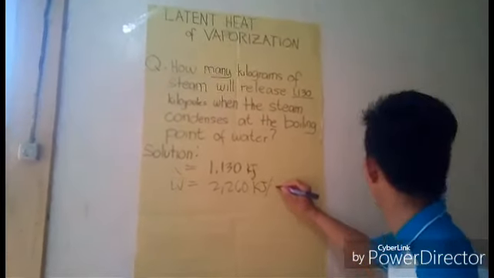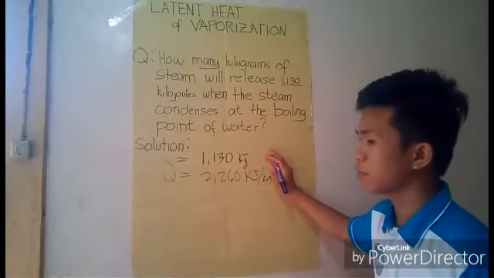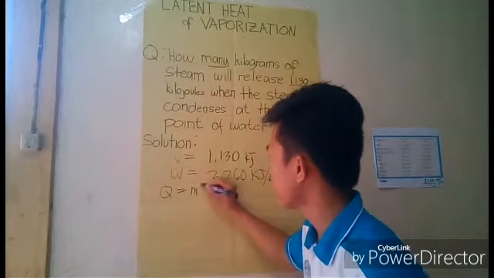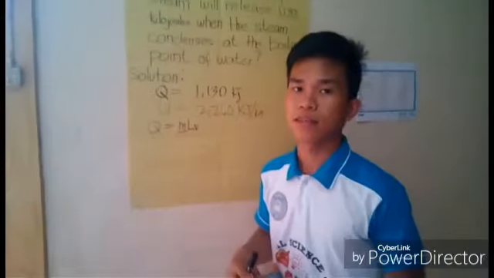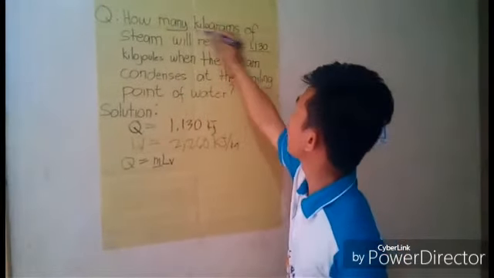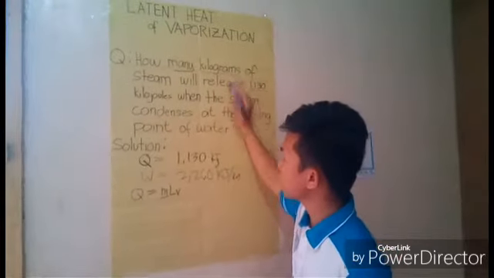kilojoules per kilogram. The formula for the latent heat of vaporization once again is Q = mLv. Since the problem asks how many kilograms of steam, we are going to find the mass.